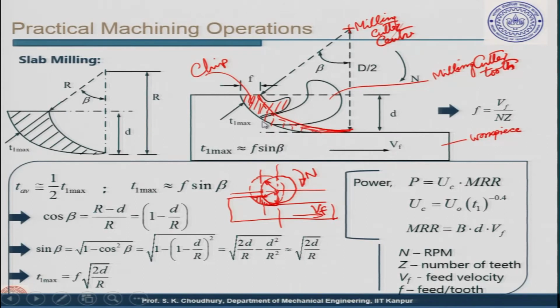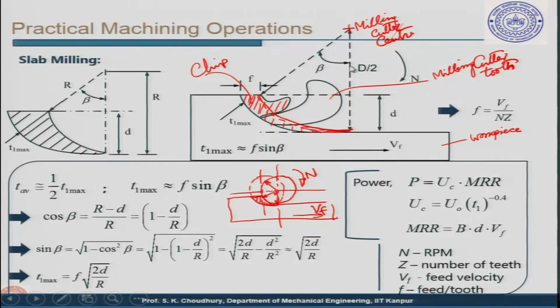So, normally in case of milling, it is the average value which is taken, because initially when it is in touch with the workpiece, the T1 max is actually 0, but it is increasing gradually. So, you cannot have all the values taken up to the T max. So, normally it is given as the T1 average, and the T1 average is taken as roughly half of the T1 maximum. Okay. And this is quite okay in the sense.